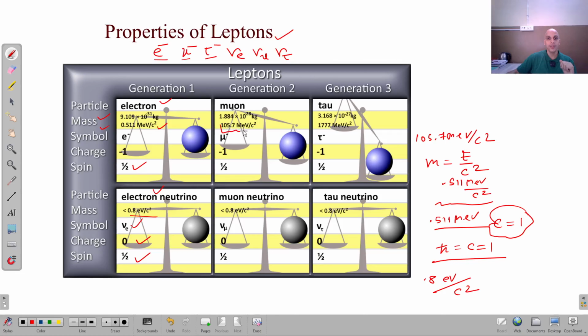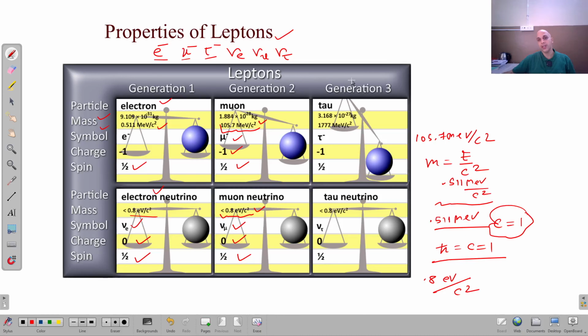So it is higher than the electron. Their charge is -1 and spin half. Now the neutrino corresponding to muons is known as the mu neutrino. The mass of that neutrino is the same as before. Their charge is also 0 and spin is half. So these 2 particles are the second generation leptons.